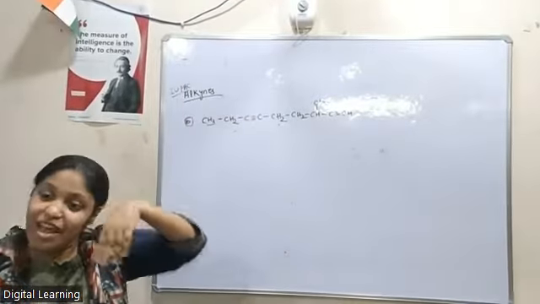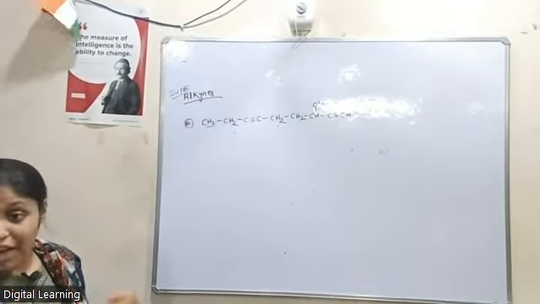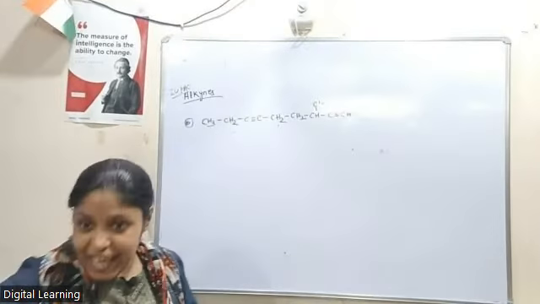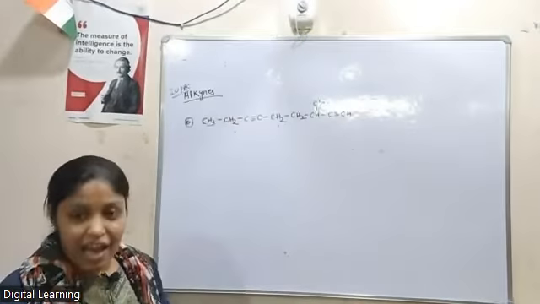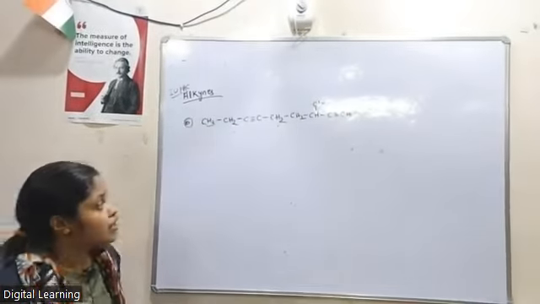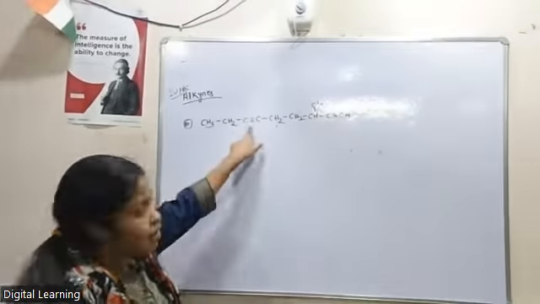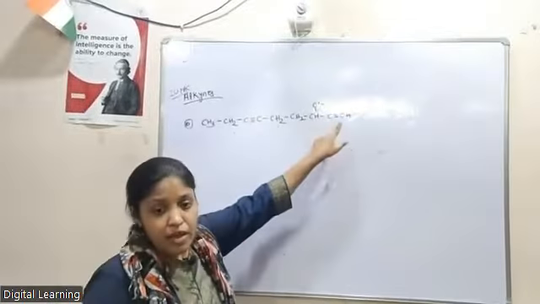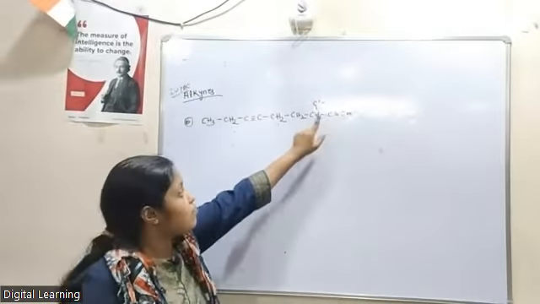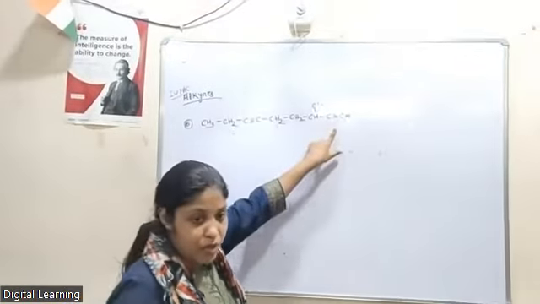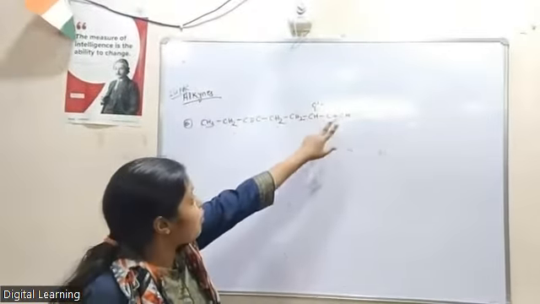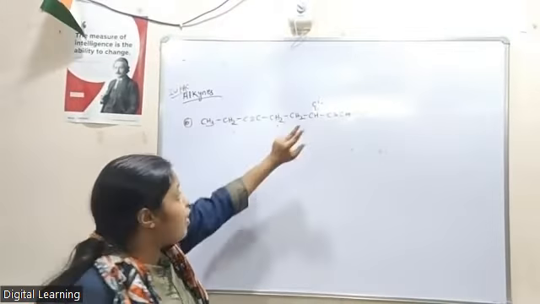Just like diene, triene, tetraene, here it will be diyne, triyne, tetrayne. So in this case, this is also a functional group. Look here, these are also triple bonds, so both are the functional group.